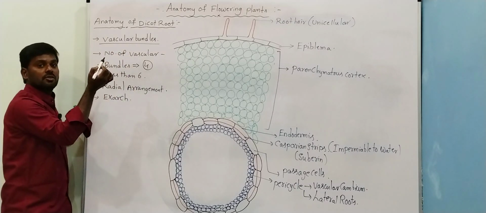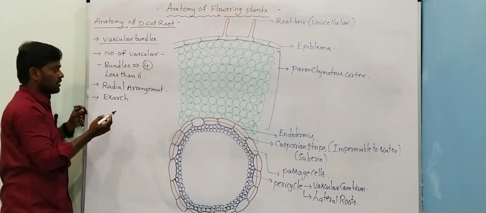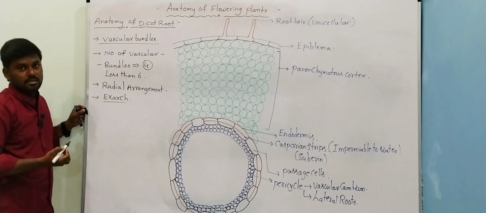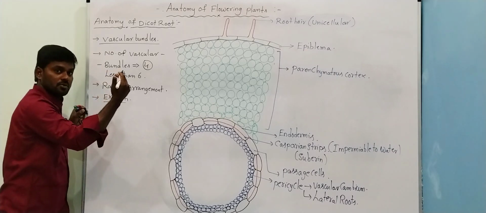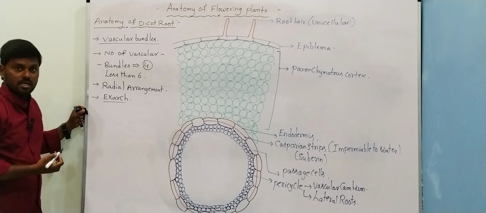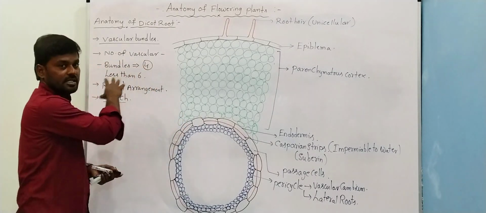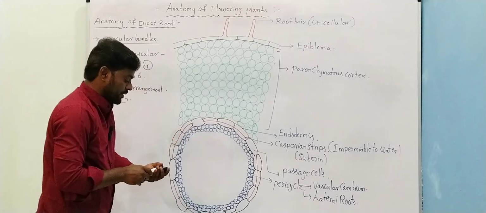So that is the characteristic feature of the stem. But in the case of the dicot root as well as the monocot root, the xylem is exarch. Exarch means protoxylem towards the outer side, metaxylem towards the inner side. That condition is known as exarch. I will show here the vascular bundle characters inside the endodermis.